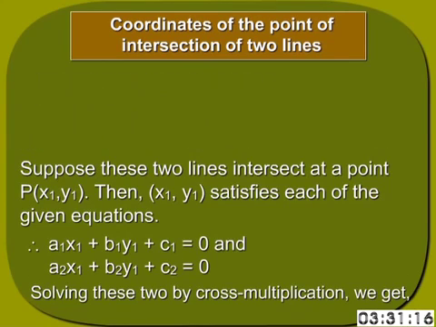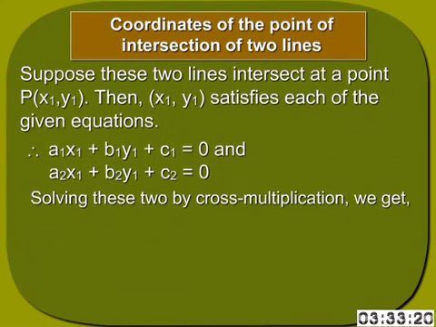Therefore, a1 x1 plus b1 y1 plus c1 is equal to 0, and a2 x1 plus b2 y1 plus c2 is equal to 0.